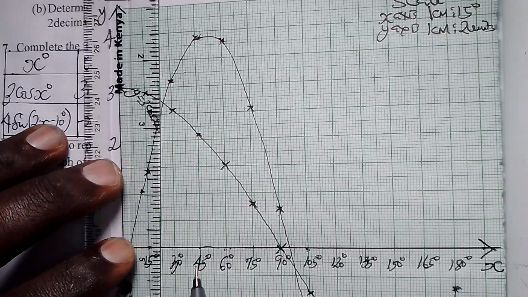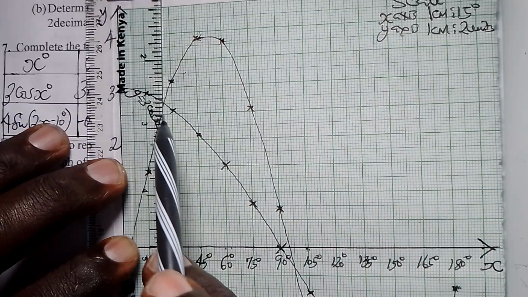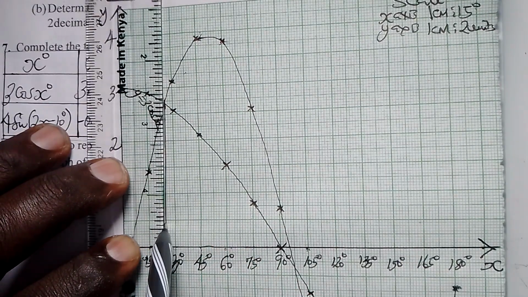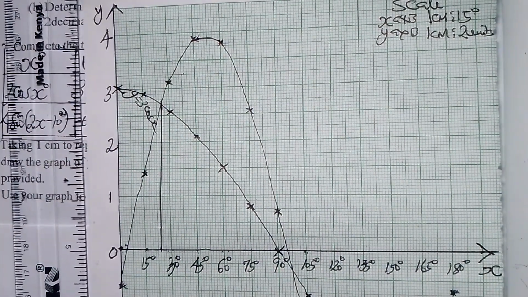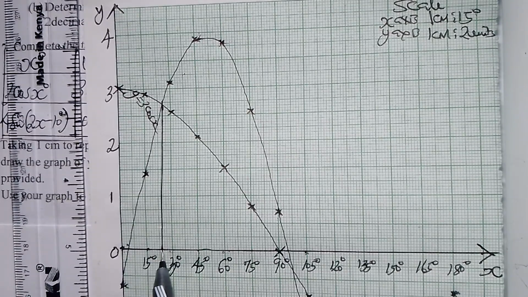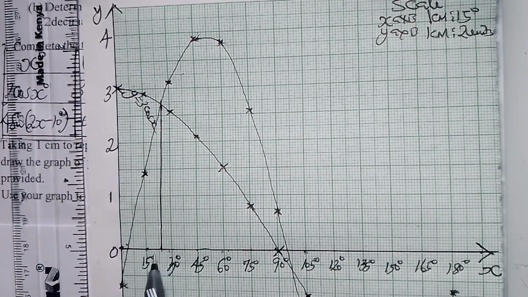And as I told you earlier, we drop a perpendicular onto the x-axis from this point, and if you look at that, it will be approximately 2 squares or 7 squares after 15, or 2 squares in between 15 and 30 degrees, the midpoint.